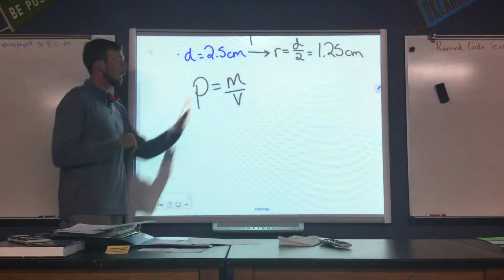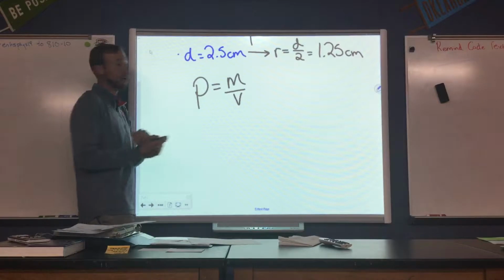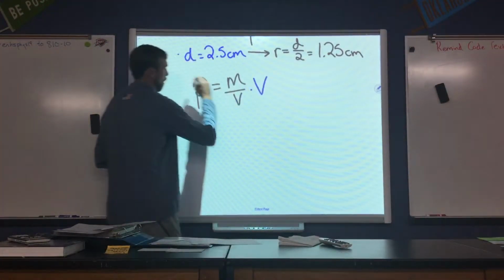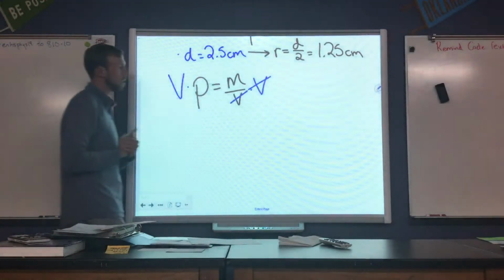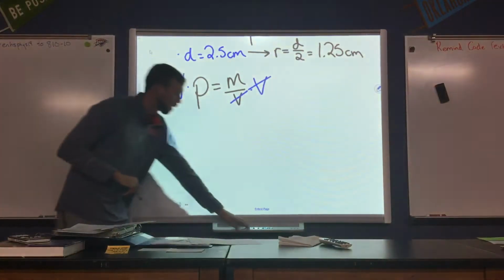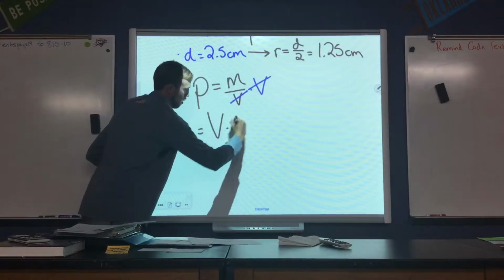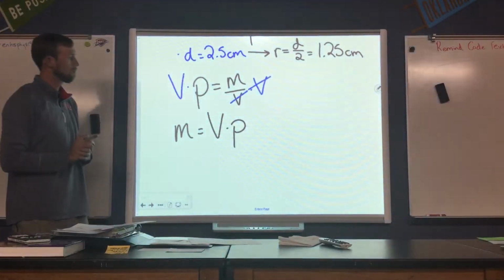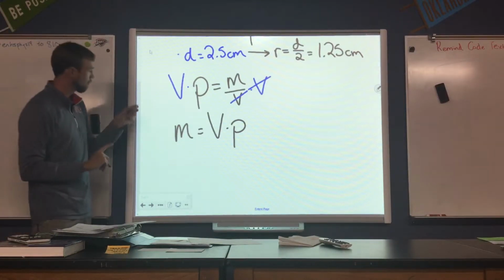And as we did previously, if we want to get mass by itself, we have to get rid of the volume variable in our denominator. So multiply by V, multiply by V. So volume over volume will cancel out. And we'll now have an expression for mass that looks like this. Mass is equal to our volume multiplied by the density. So in order to get to the mass, we need our volume and we need our density.